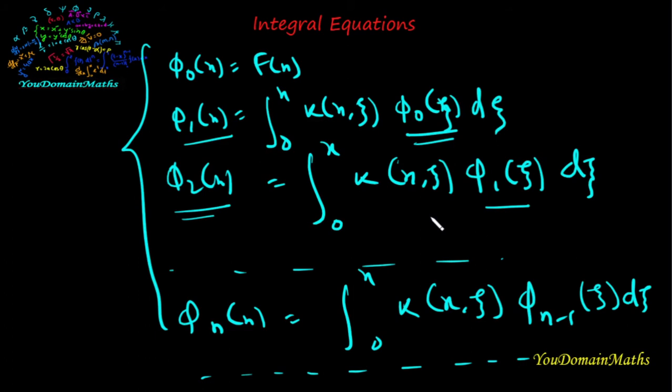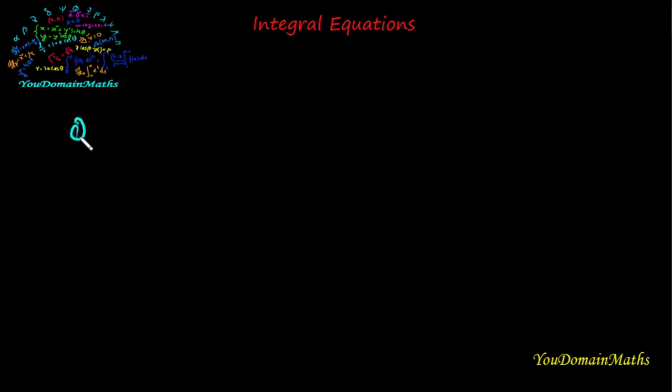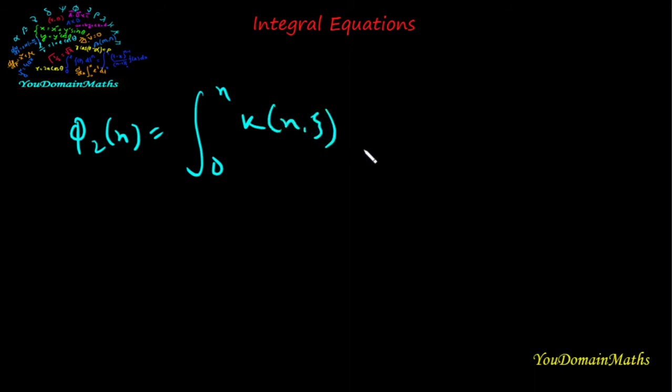If we write phi 2 of x in terms of phi naught of x, then we will see that phi 2 of x equals the integral with limits 0 to x of kernel x comma xi, and putting the value of phi 1 of xi, the integral from 0 to xi of kernel xi comma xi1.